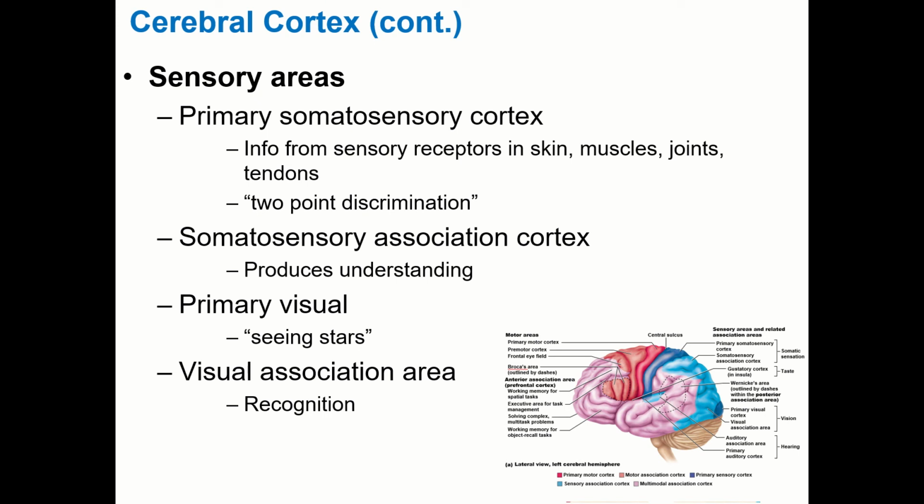It's not that you're actually seeing bright specks of light, but those neurons are firing when they shouldn't be, and so they are then relaying the signal that the visual association area associates with brightness, and so then we process that as, oh, I'm seeing stars, because that kind of looks like the specks of light that we're seeing there. So the seeing stars thing indicates that you've got some misfiring back here in that primary visual cortex.